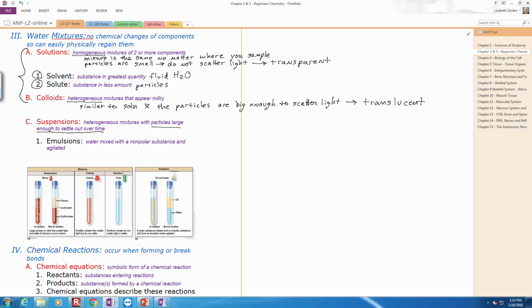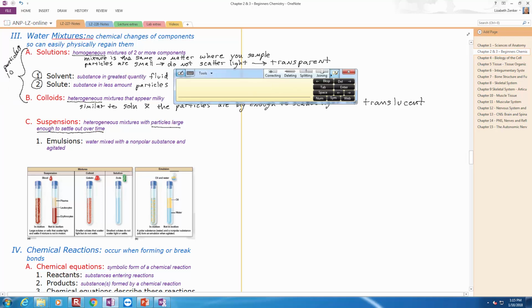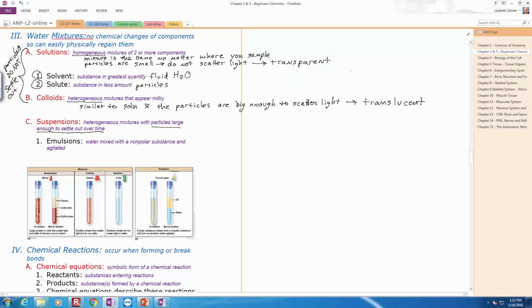So I put a little note for A and B to say particles do not settle out for solution or colloids. And a suspension, though, does settle out over time.